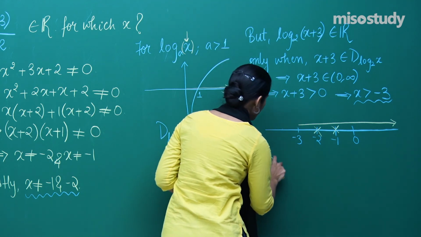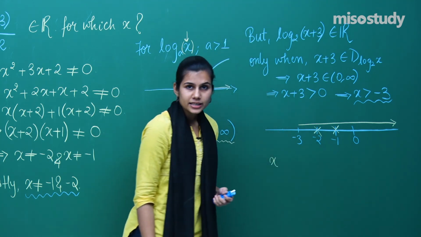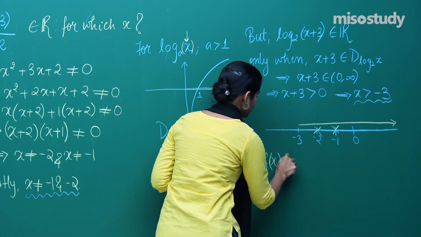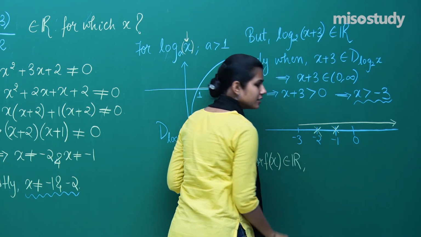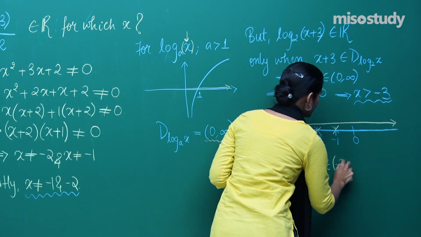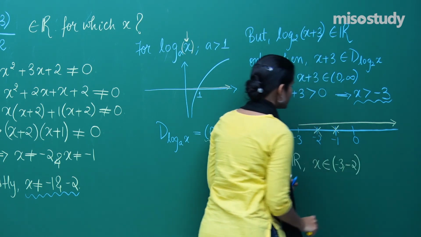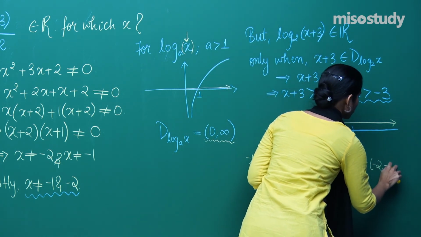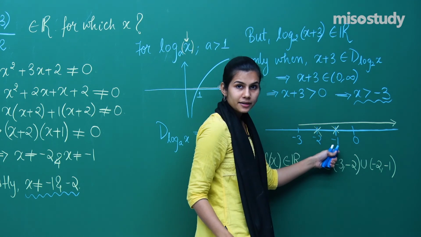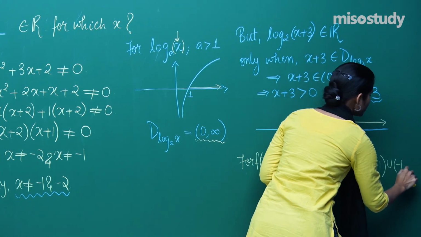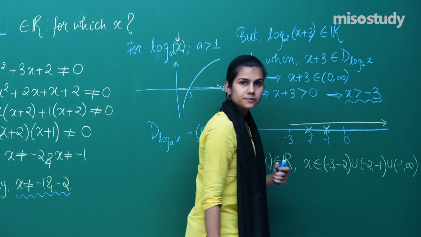That means I want that for f(x) to belong to R, my x should come from the open interval minus 3 comma minus 2, union the open interval minus 2 comma minus 1, union the open interval minus 1 comma infinity.